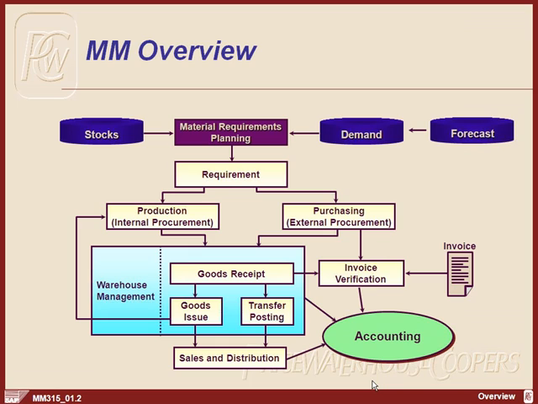Let's say I've got a material maintained in my warehouse. Assume, based on the supply-demand comparison, that the supply falls below the demand, and a negative or shortfall situation arises.